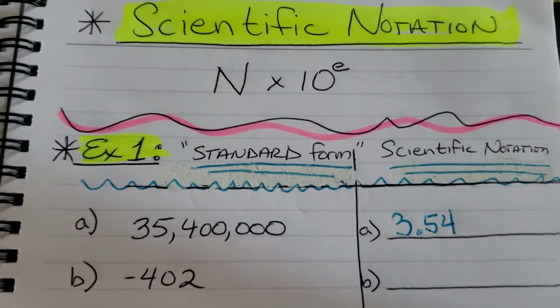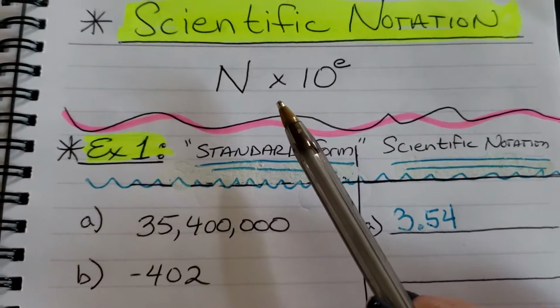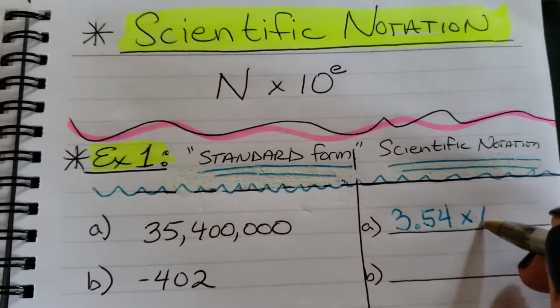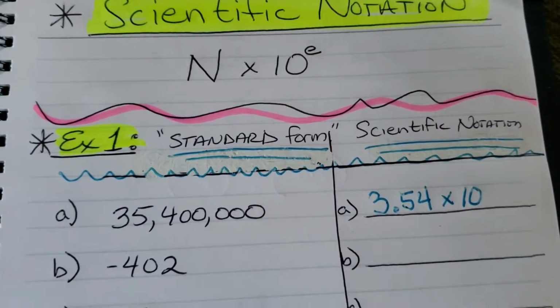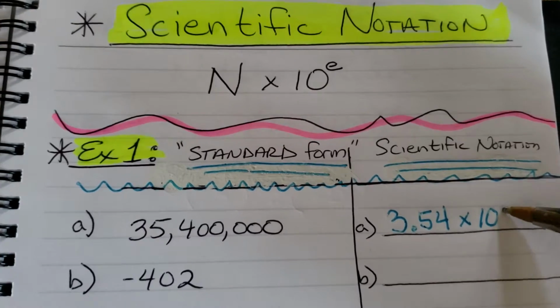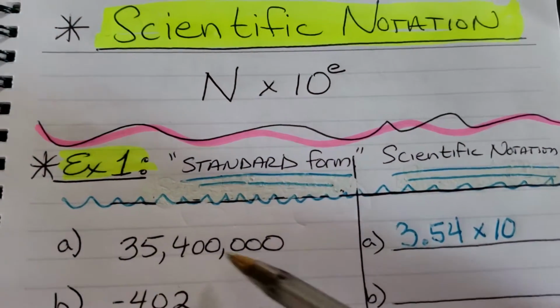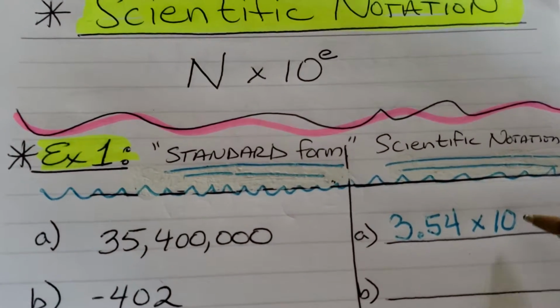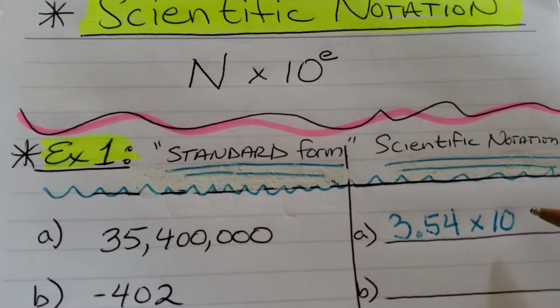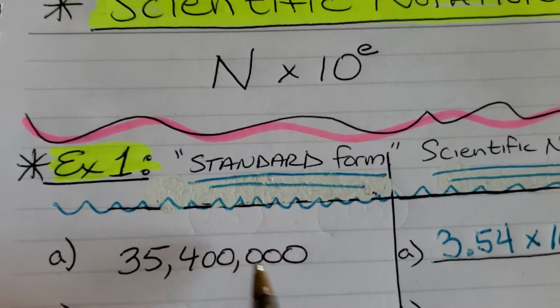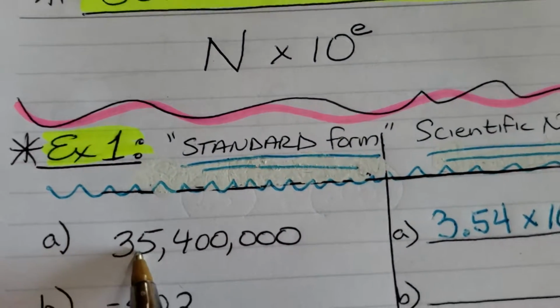Now the next thing I'm going to do is put in my times 10 because that's what scientific notation dictates, okay? Now we need to find what our exponent is going to be. This is a large number, so this exponent is going to be positive, okay? Now let's see how many times we had to move that decimal to get to this place, okay?